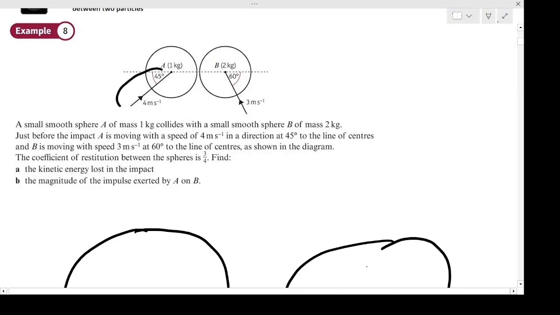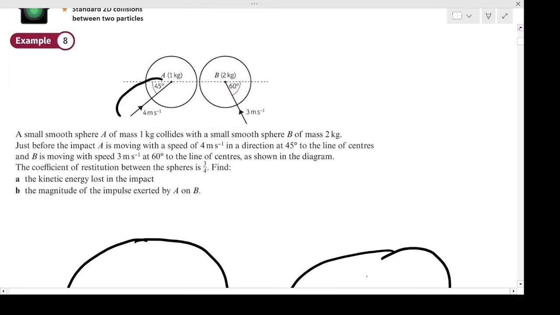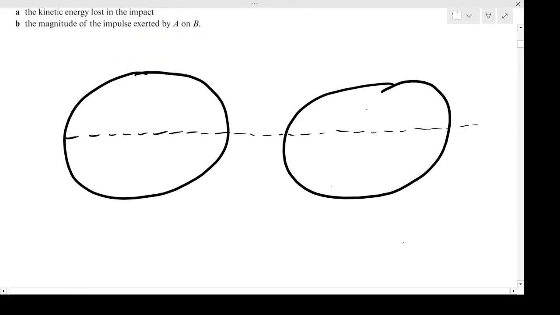Firstly, we've got the line of centers, the line that goes through the middle, like that. That's what everything's going to be connected to. For A, I've got the speed at an angle 45 like that, so I'm just going to draw it like that.